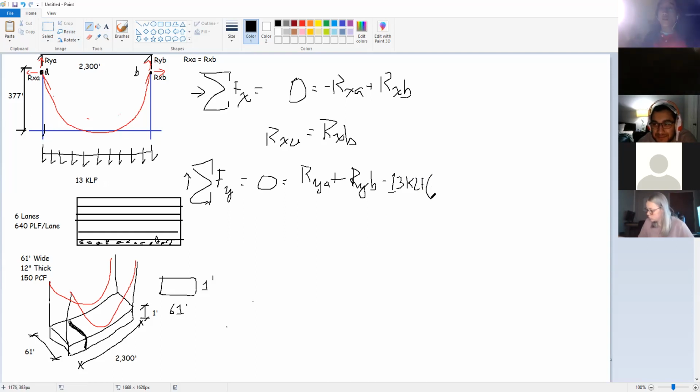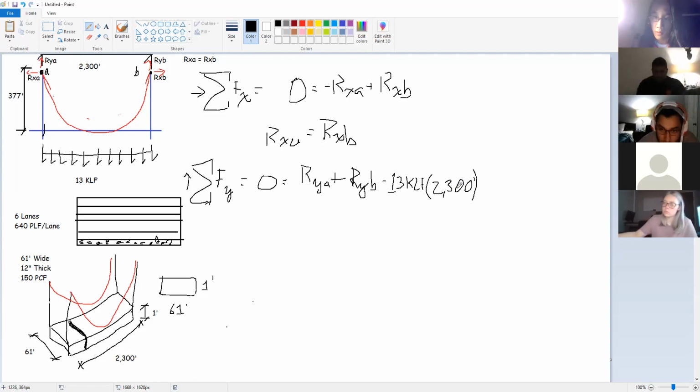Now, we have to convert this into a force vector. We can't use it in its current state because it's kips per linear foot. It's not kips, we need kips. So what do we multiply by? We multiply it by a foot value. 2,300 feet. So that turns this kips per linear foot into a kip, right?